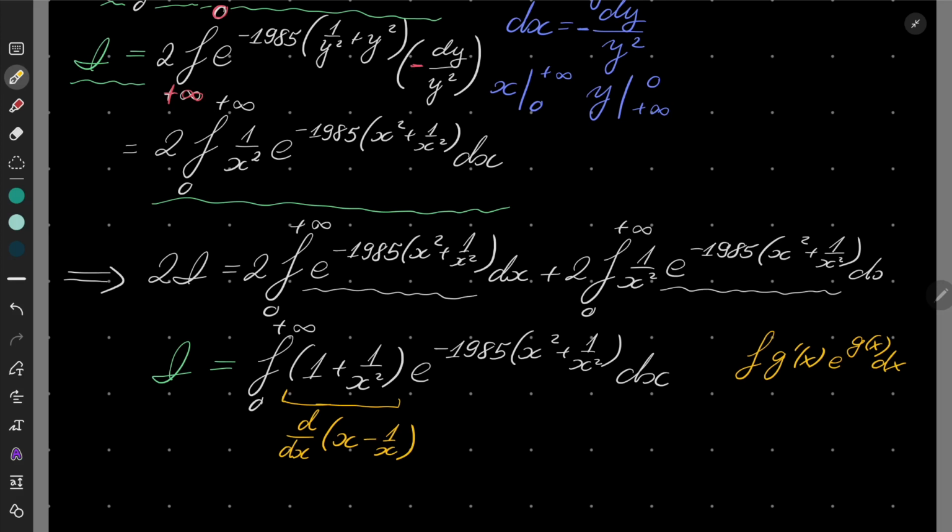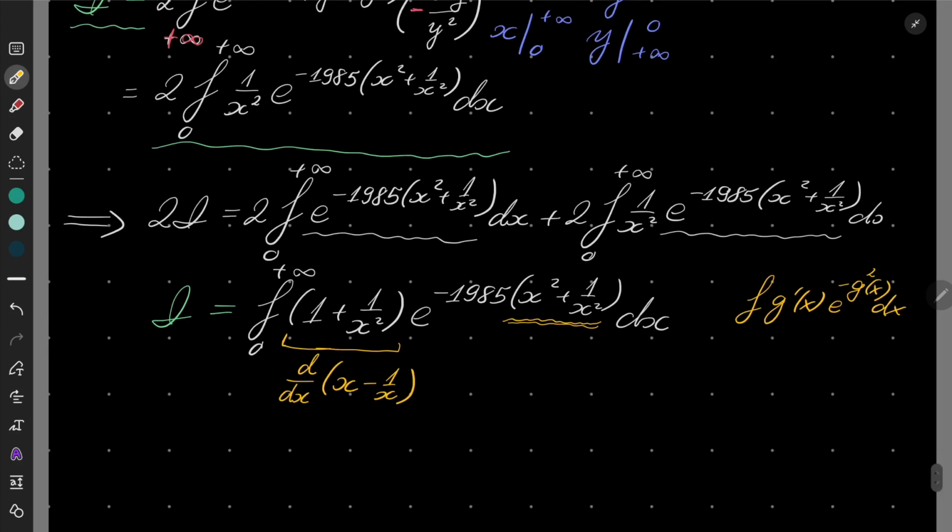There should be a square here, probably doesn't matter, and minus doesn't matter. The basic idea is to express this part as x minus 1 over x plus some terms.